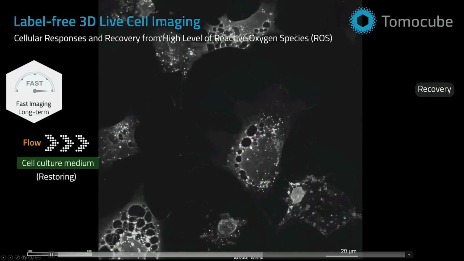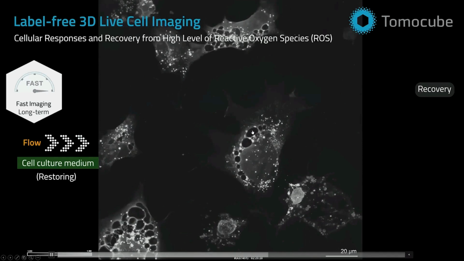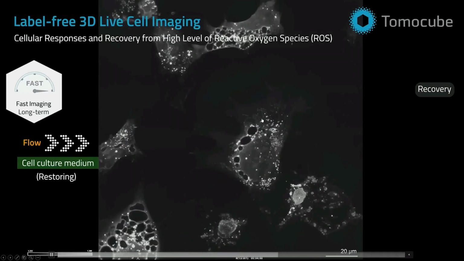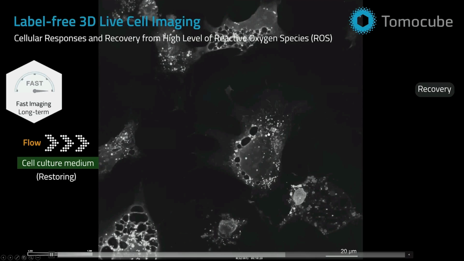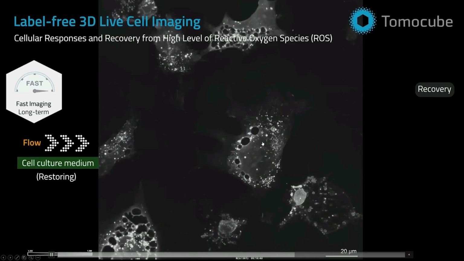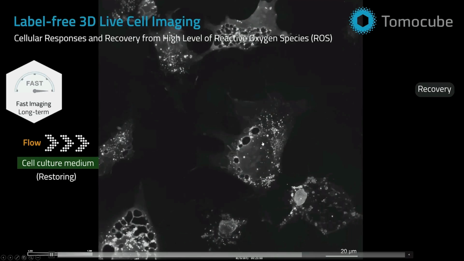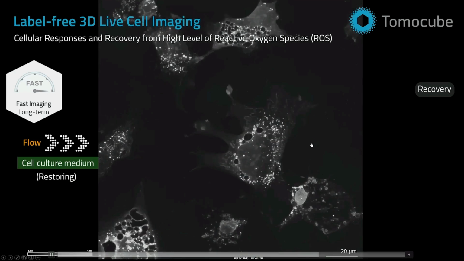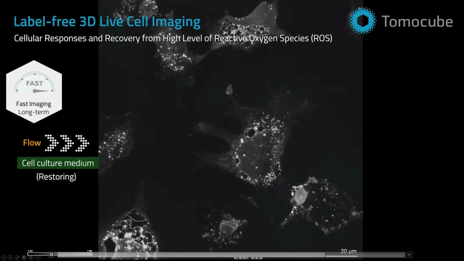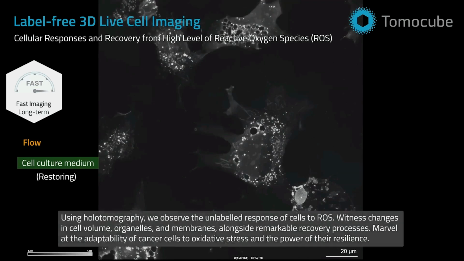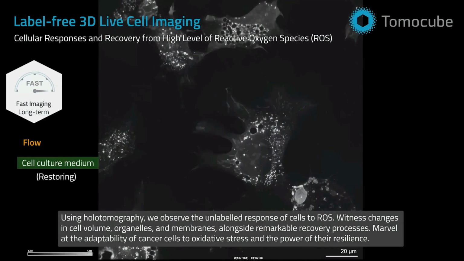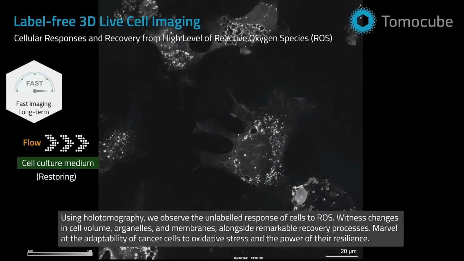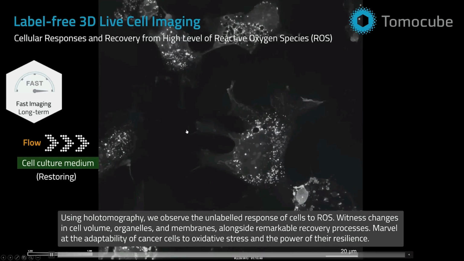The vacuole structures are disappearing, and you can also see the distortions of the mitochondrial structures, and other subcellular organelles are returning to their native healthy state. So you can see these fast-varying changes of subcellular organelles over a long time period. This is the power of HCT.